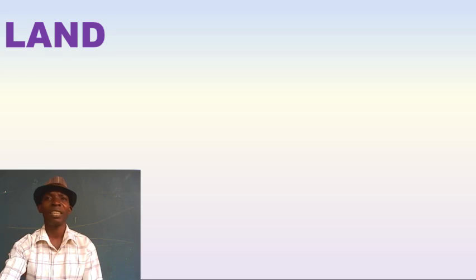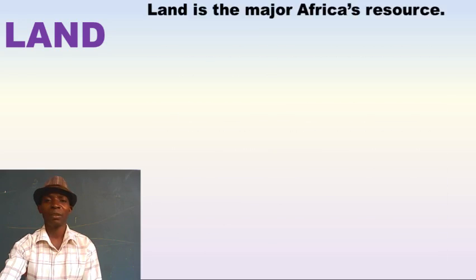And we said land supports the existence of other resources, or most of human activities are carried out on land. That's why we said land is the most important. So land is the major Africa's resource. We answered the question, why is it called a major Africa's resource?